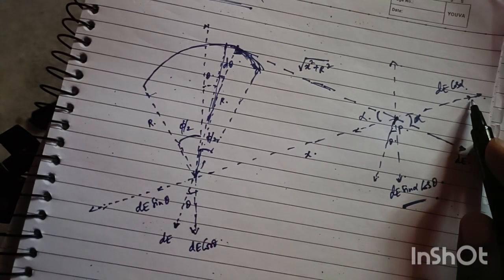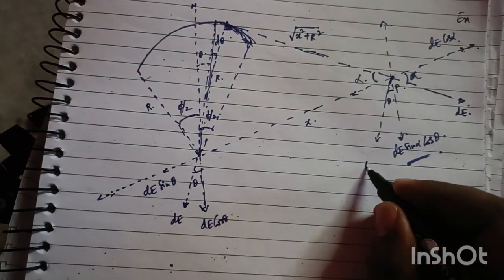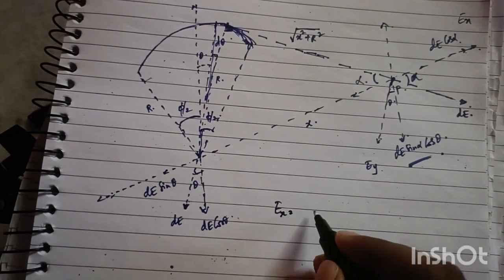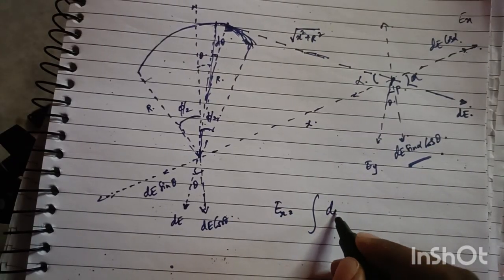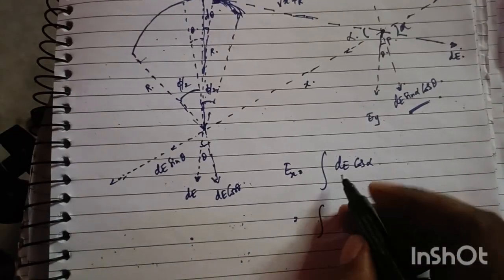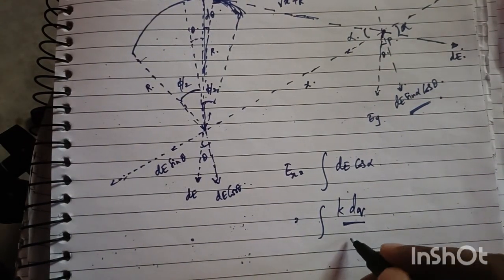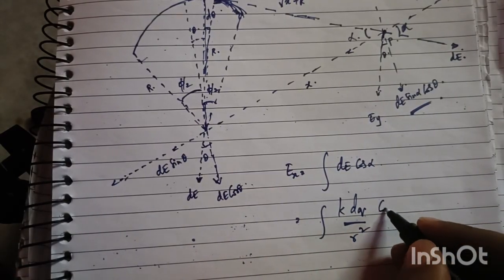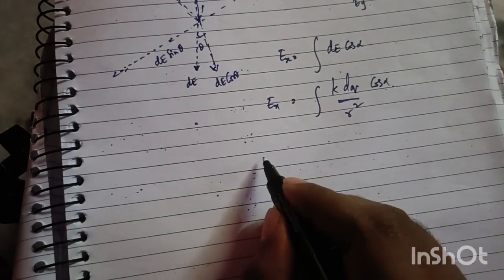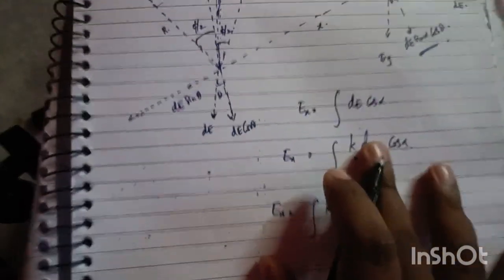So if I do this, let's say this is again Ex and this is Ey. So the Ex component is the integral of dE cos alpha. So integral of k dq by distance square into cos alpha. So Ex is equal to the integral of k dq.